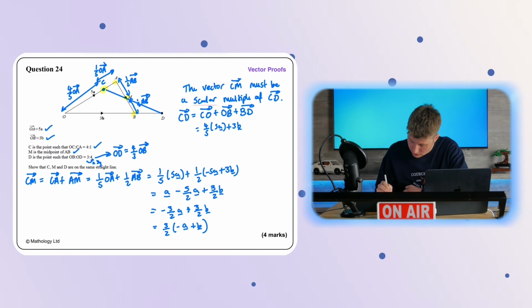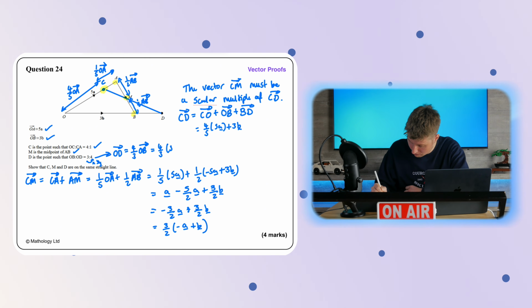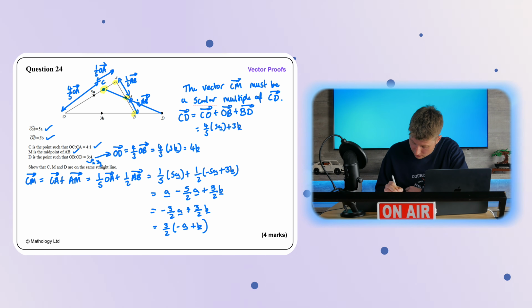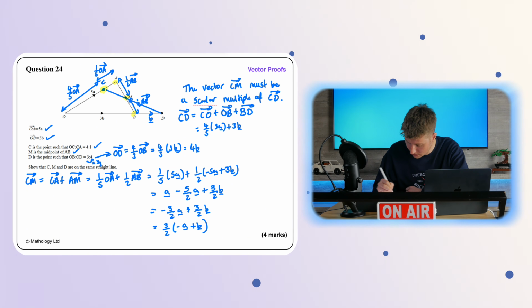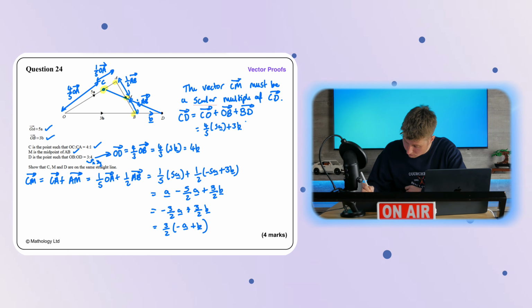We know that OB is 3B, so you can write this as 4/3 times 3B. 3 times 4 is 12. 12 divided by 3 is 4. So we get 4B, which is the length of O to D. OB is 3B, so that means that this part must be 1B to give us that 4B length or vector. So BD is plus B.